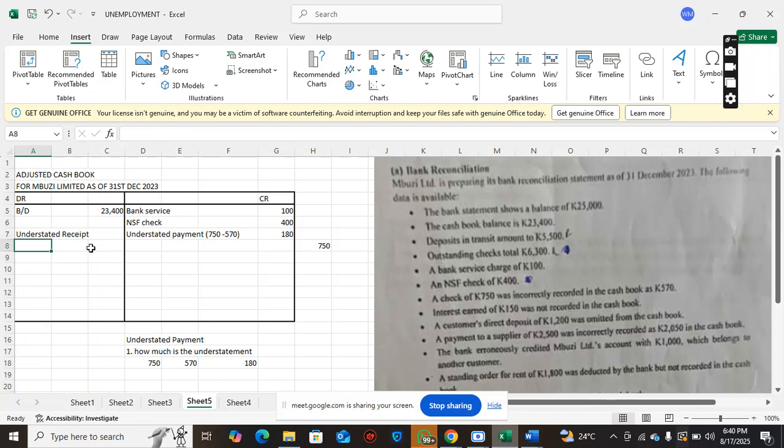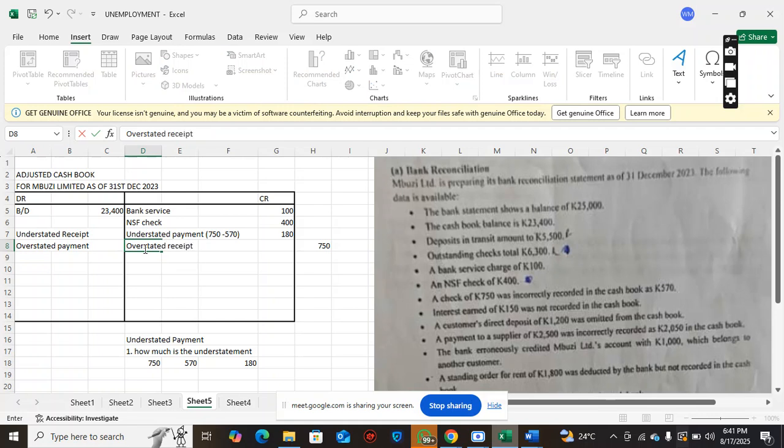Then an overstated payment, you put on the debit side to correct the error. And then an overstated receipt, you put it on the credit side. I think you would want to write this down. This is how you correct these errors for payments or receipts.